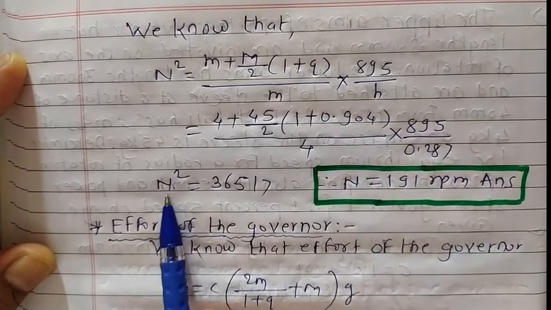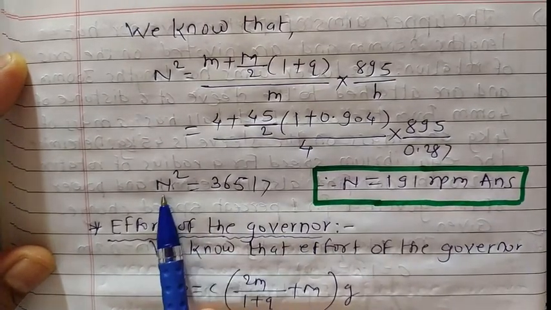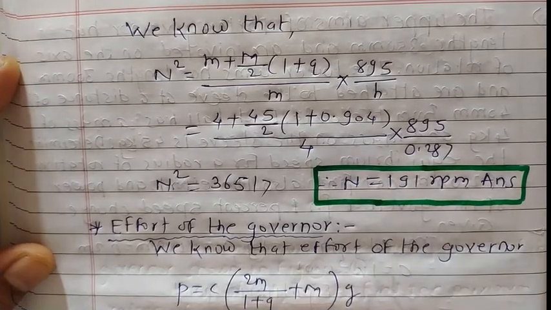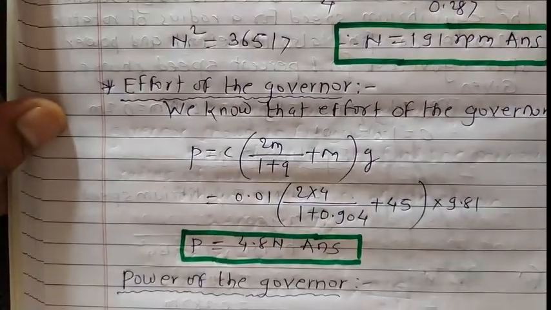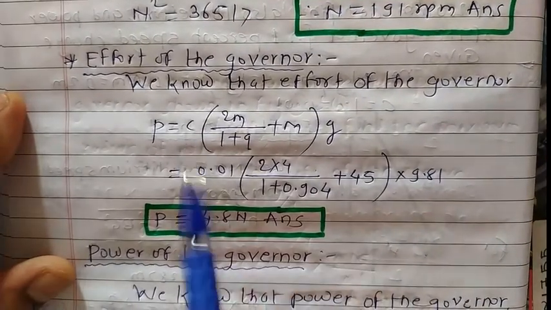So from this you can get n equals 191 rpm.